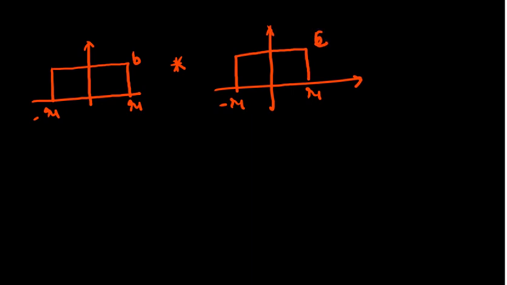Let's take the general case: the height of this signal is C. The convolution of these two is a triangular signal.